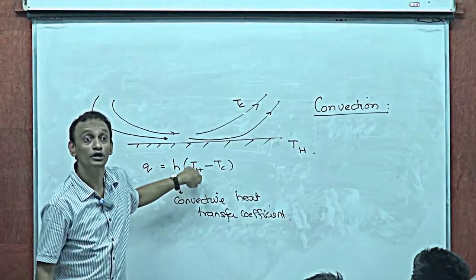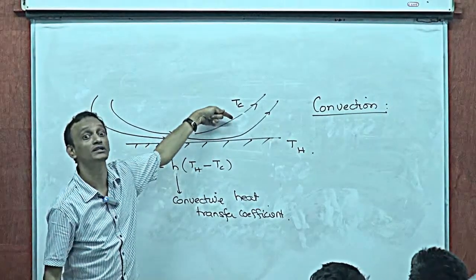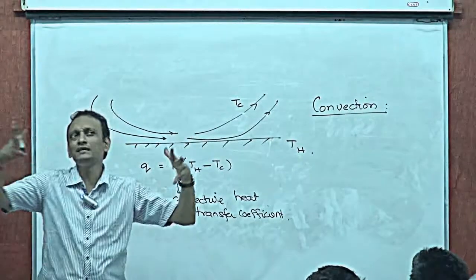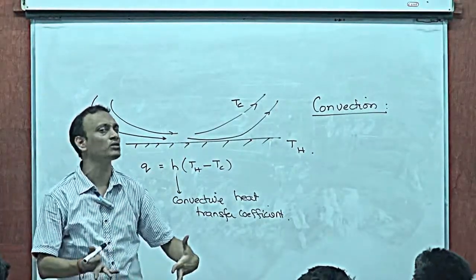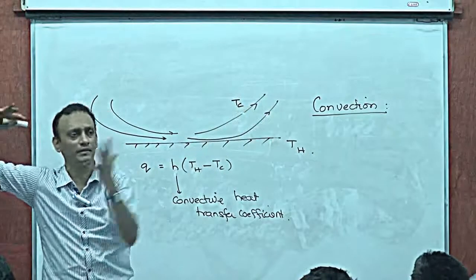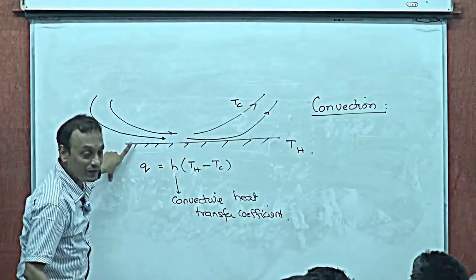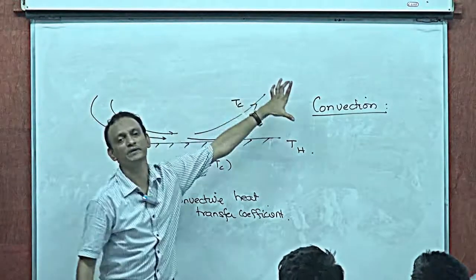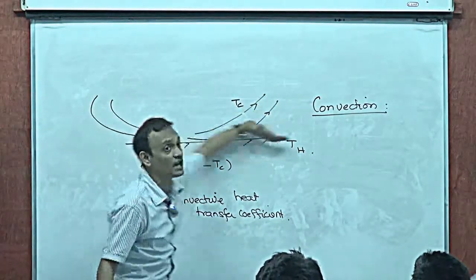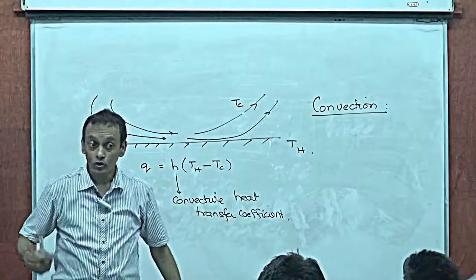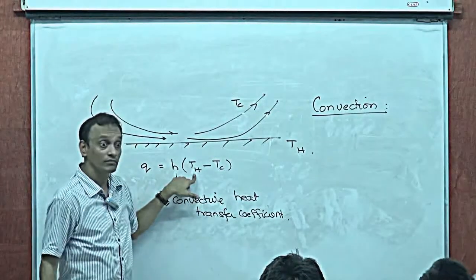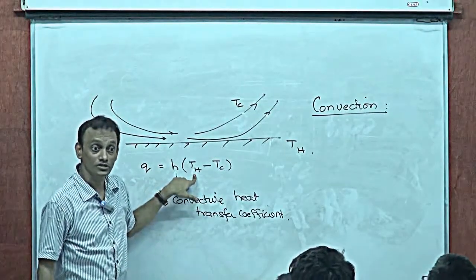It will depend on Th as well as Tc. Now, Tc can be assumed to be practically constant. Let's say, there is a huge volume that I'm making to flow, but Th can't be constant, right? This is a huge mass whose temperature does not vary, but this Th will certainly vary, and this H actually will vary with Th.